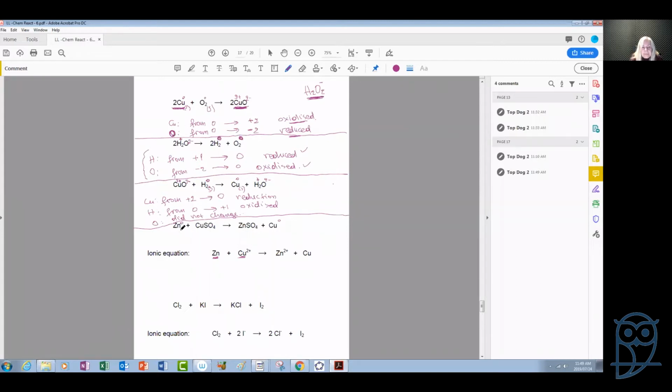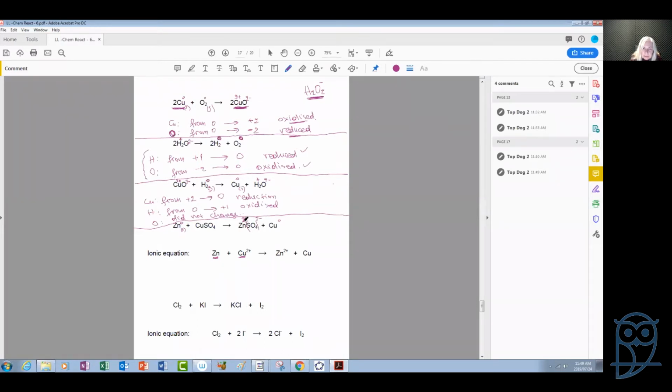So zinc here with a 0 oxidation number, and in the products, we see that zinc is part of a compound now. So obviously, the zinc now has changed oxidation state. And in this case, it's actually 2 minus, okay? It's 2 minus because the sulfate ion, sorry, 2 plus, not 2 minus, 2 plus, because the sulfate ion has an oxidation number of 2 minus, isn't it?